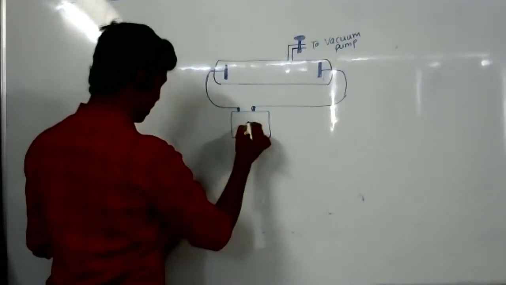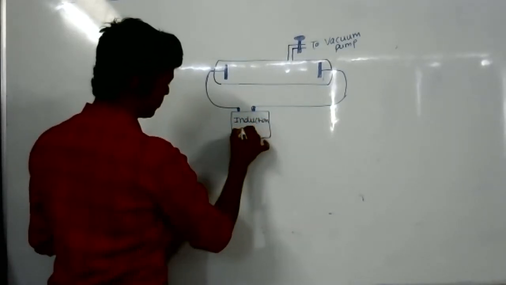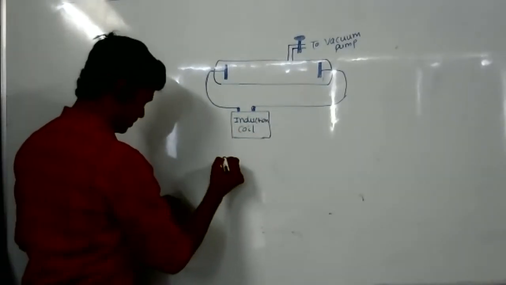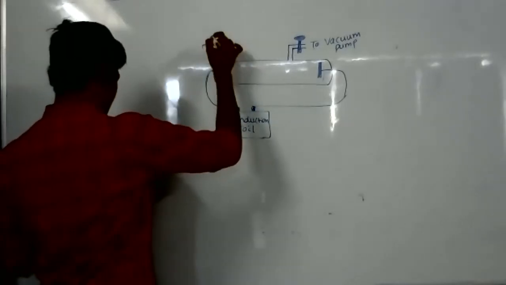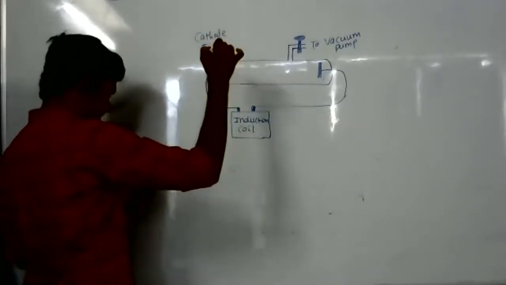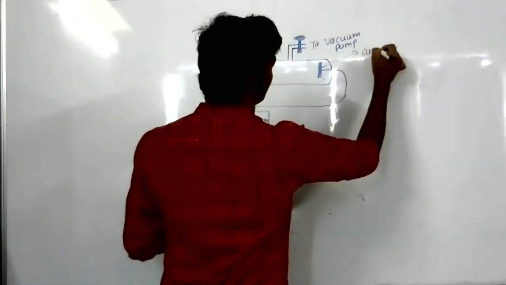So this induction coil means big battery. This is cathode. This is anode.